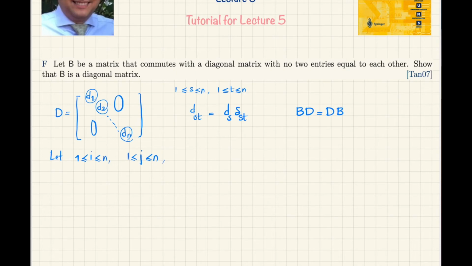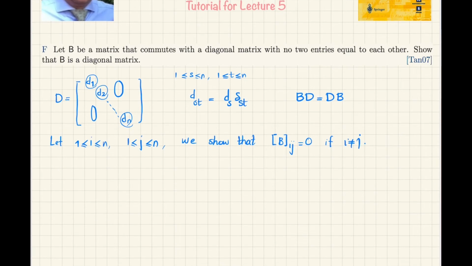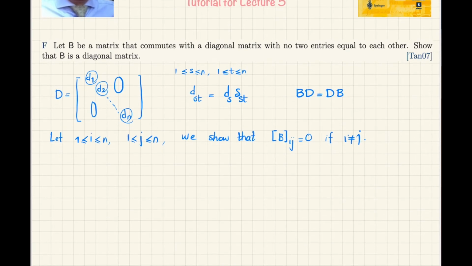We show that the ijth entry of B is 0 if i is not equal to j. This is what we want to show.